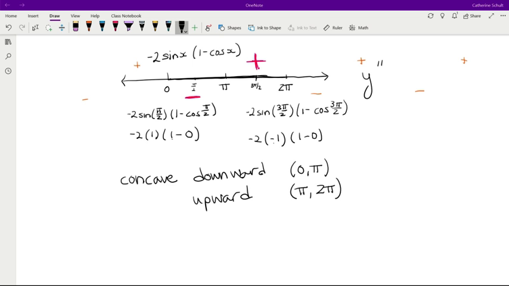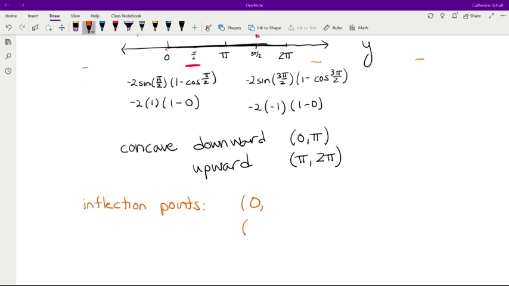And then since we have a change in the double derivative, we have inflection points. Since it goes from negative to positive to negative to positive, we have a whole bunch of inflection points. These are the zeros of the double derivative. We're going to have to go back to the function and see what it is. But they happen at 0, pi, and 2 pi.